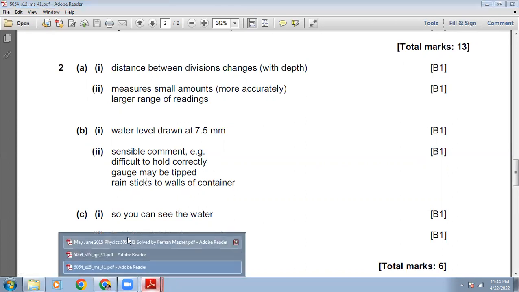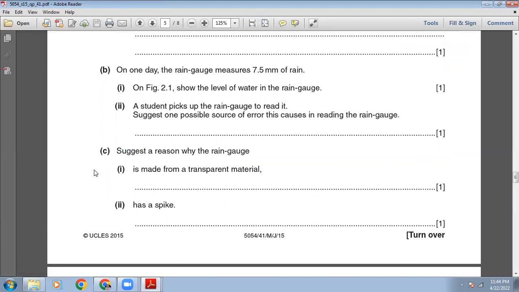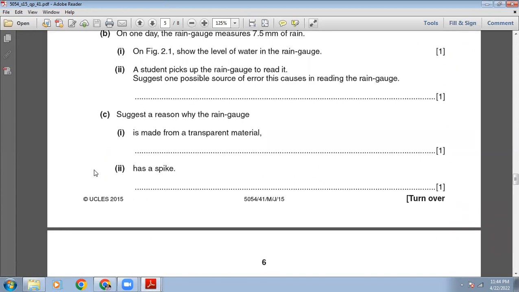Okay, so let's move to the next part. He says, suggest a reason why the rain gauge is made from a transparent material and has a spike. You see, why is it made of transparent material? So the scientist or whoever is going to observe or measure the reading can see the water.